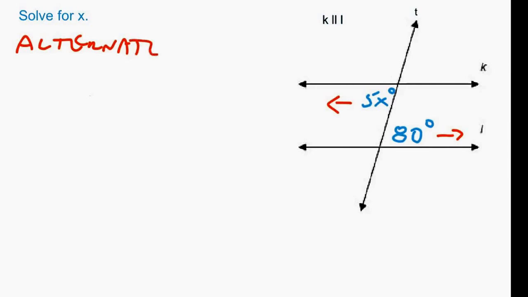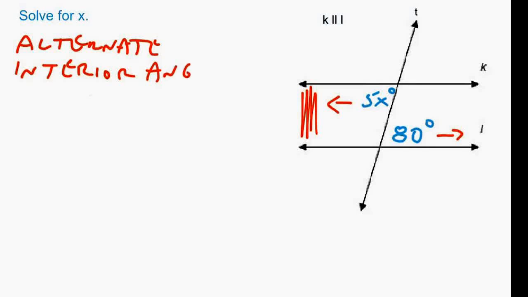And the angles are both inside the two lines, so inside would be interior. So we're going to call these alternate interior angles. We've learned that when two parallel lines are intersected by a transversal, alternate interior angles are congruent.